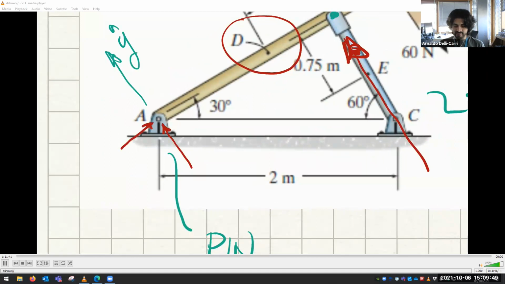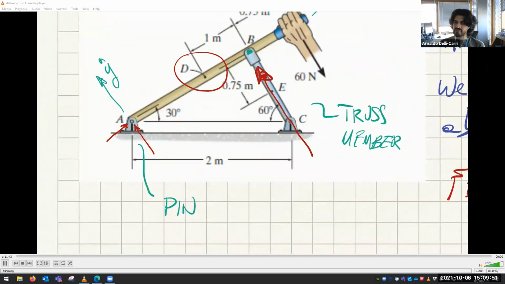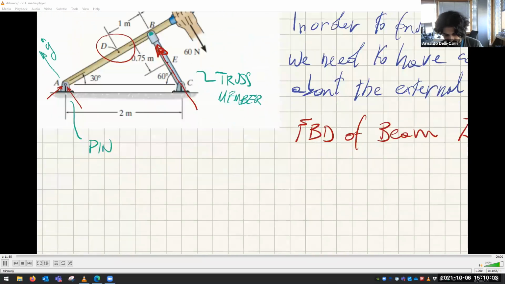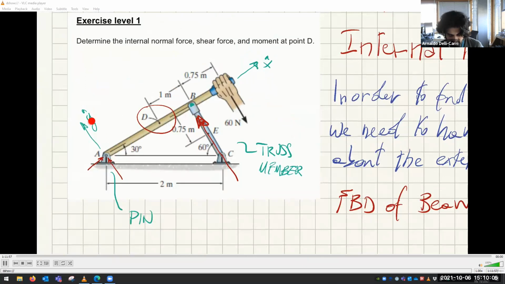So it doesn't matter how they are angled, as long as they are perpendicular to each other. So since I have called this one X and this one Y, I'm going to call this reaction AY and this reaction AX. And this one I'll call BY because it's applied at point B.